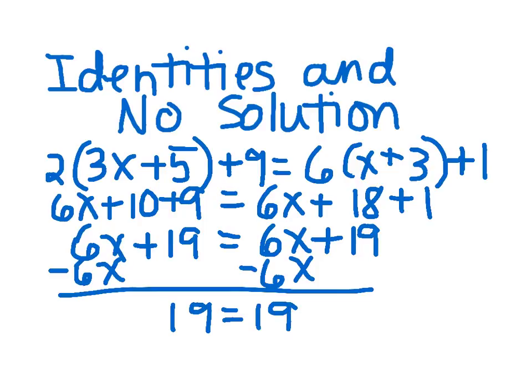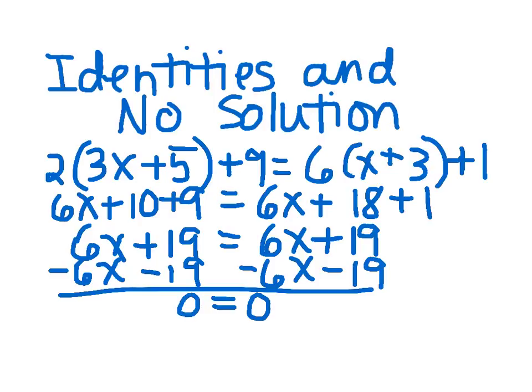It is always true. 19 always equals 19. Or, if I wanted to keep in the same vein as we have in the past, bringing the variables to one side and the numbers to the other, if I go all the way down as far as I can, I get the true statement that 0 equals 0.